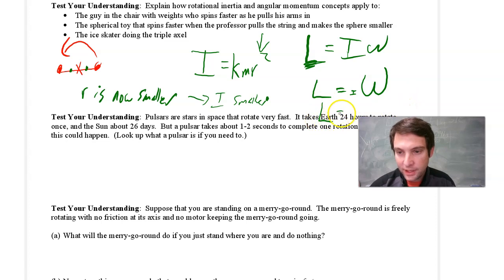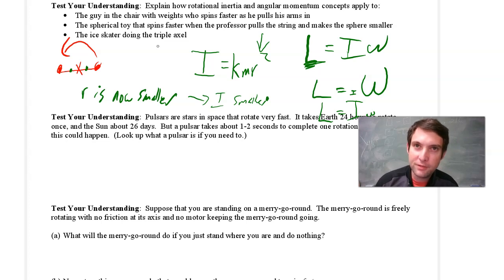Conversely, if we increase the size of I, then that would mean your angular velocity would have to decrease, because angular momentum is conserved in this instance because there is no external torques acting. Ice skater doing the triple axle, the same thing. We're bringing those atoms closer towards that pivot point, closer to the axis of rotation.